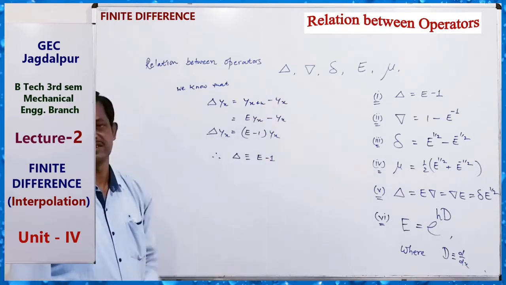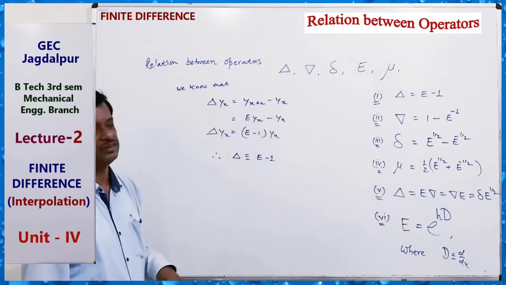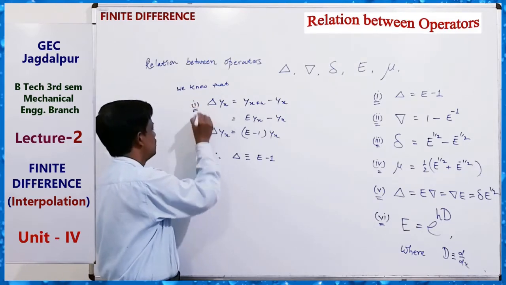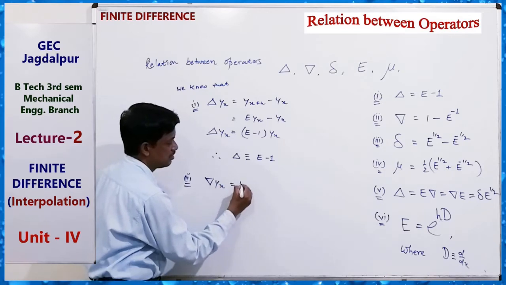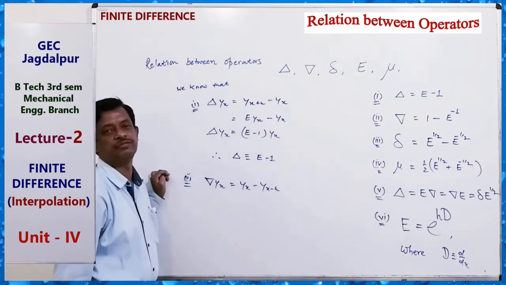All are equivalents, not equal, okay, equivalents. So the first relation is from the definition. The backward relation can also be found. Second, we know the backward difference definition.